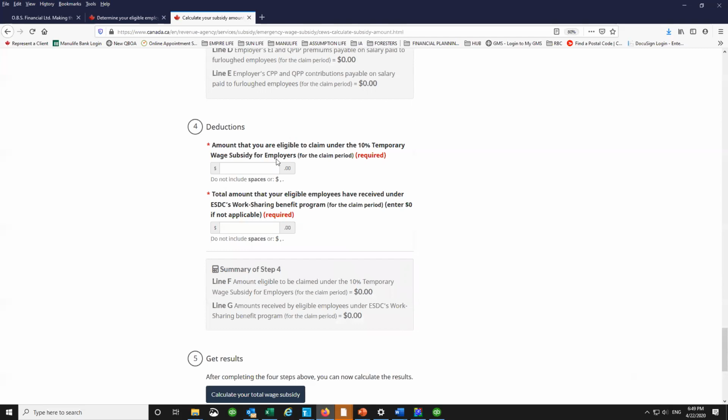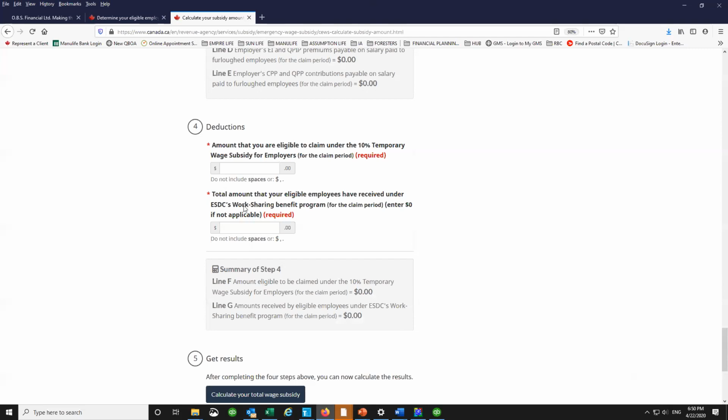So this would be for if you made a claim when you did your April 15th remittance for March, you were able to take 10% of your gross salary off of your remittance on any salary that was paid from, I believe, March 16th or March 18th. I can't remember which one it was, but if you made any claims in March for that, you have to enter that amount here and it'll reduce what you had. And I'll show you that in the example because we're going to be working through some live data here.